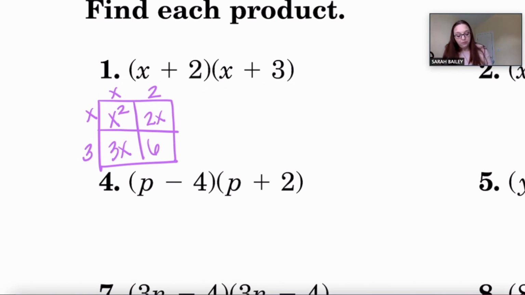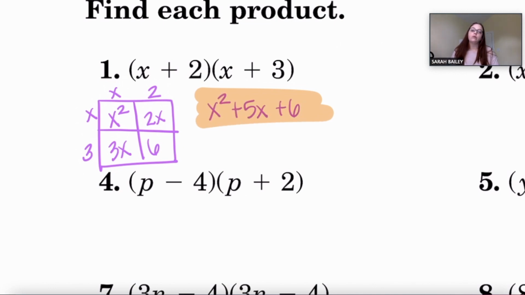I have x squared, 2x, 3x, and 6. So I'm going to add all those terms together. So that's x squared, and then that 2x and 3x can be combined, so that's plus 5x plus 6.